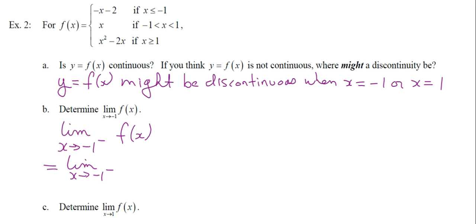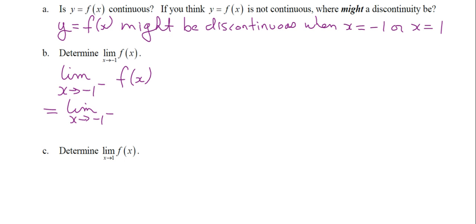The first one, -x minus 2. Let's throw that in brackets. Which is equal to what? Well, we can put a -1 in there, since there's no 0 over 0 or anything like that. So that's -1 minus 2, which is 1 minus 2, which is -1.